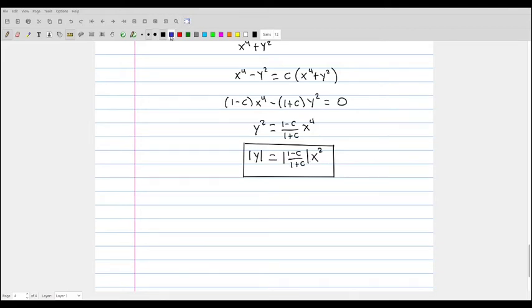And what that means is that for any given value of c, say for example c equals 1/2, or any other possible value of c, the shape of the level curves is going to look like this.